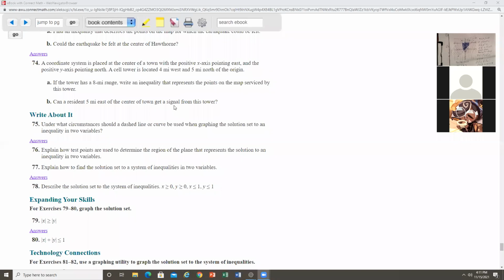Here we go. Number 74 is a beauty. It says the coordinate system is placed at the center of a town with the positive x-axis pointing east and the positive y-axis pointing north. A cell tower is located 4 miles west and 5 miles north of the origin.